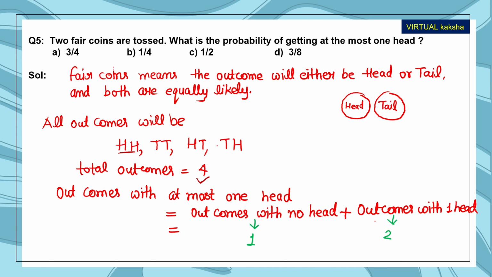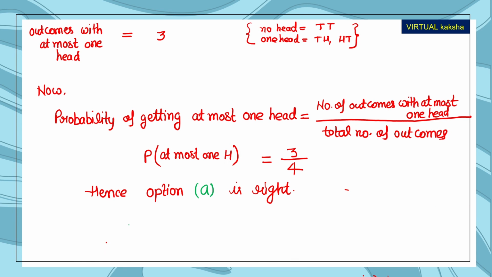Students, see carefully: we have to find the probability of getting at most one head. It means in this situation no head and one head will be included. No head outcomes are 1 and outcomes with one head are 2. So total outcomes with at most one head will be 3.